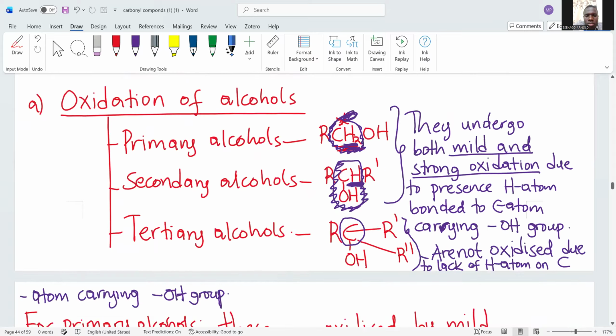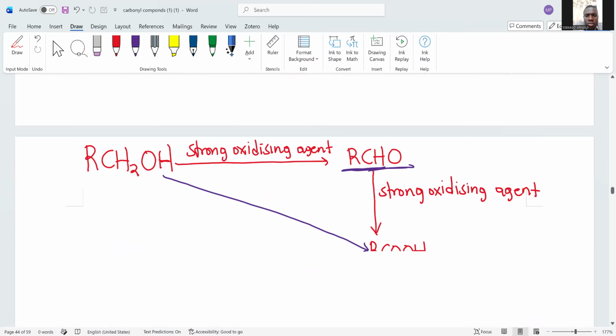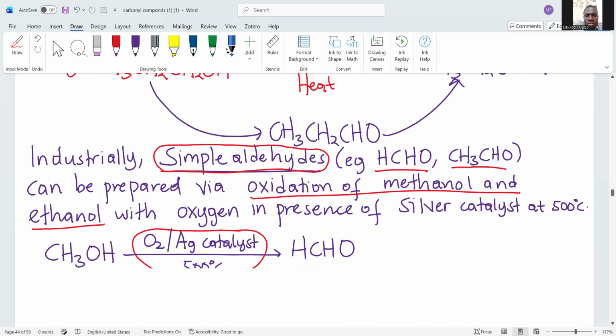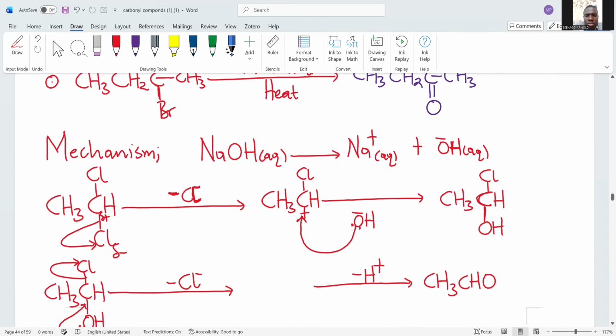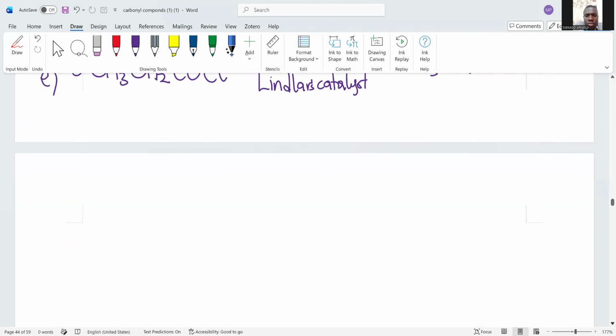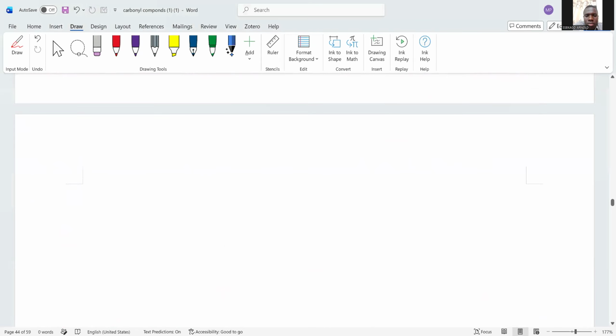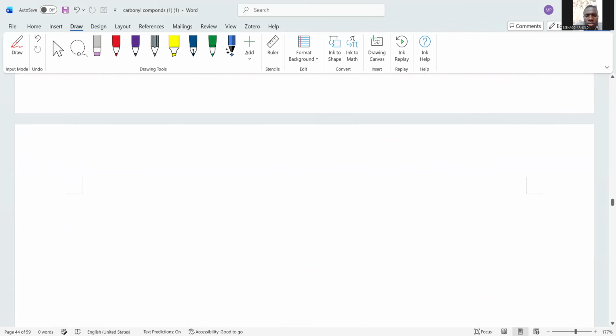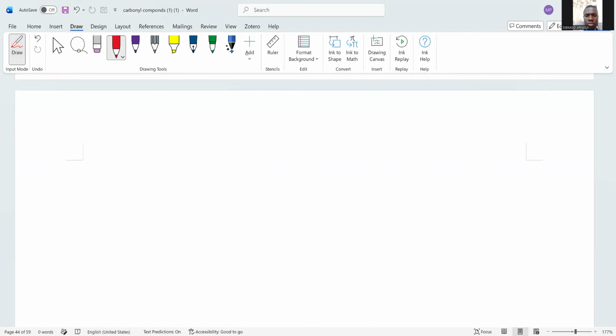It was covered, however, there is a certain group which I teach which is not familiar with ozonolysis. So for ozonolysis I'm going to be very quick. Ozonolysis of alkenes.